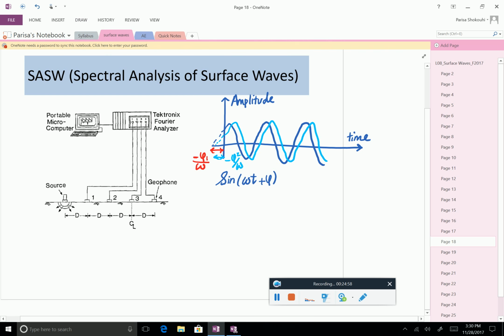That's actually all we need to know. So the time shift between the two signals, we can get it from the shift in their phase divided by omega, which I write as 2 pi f.